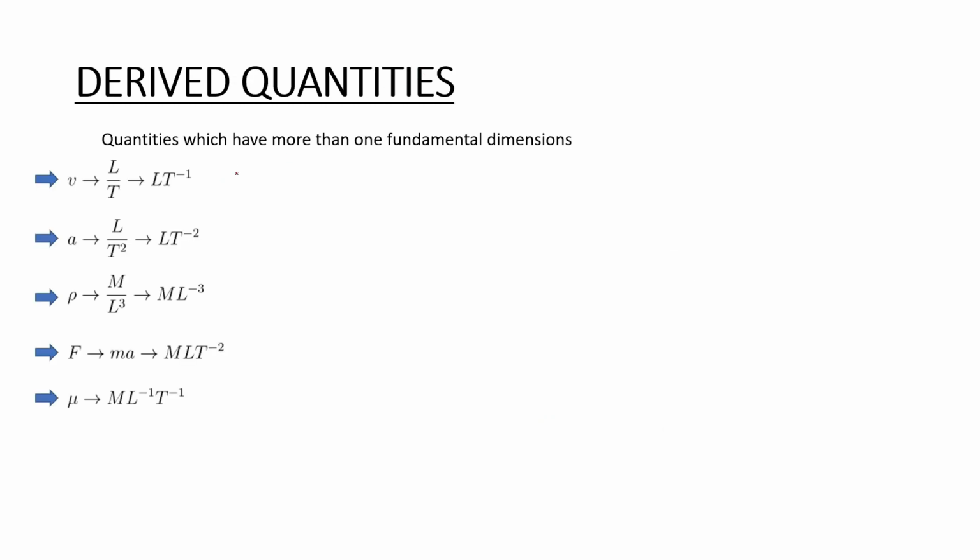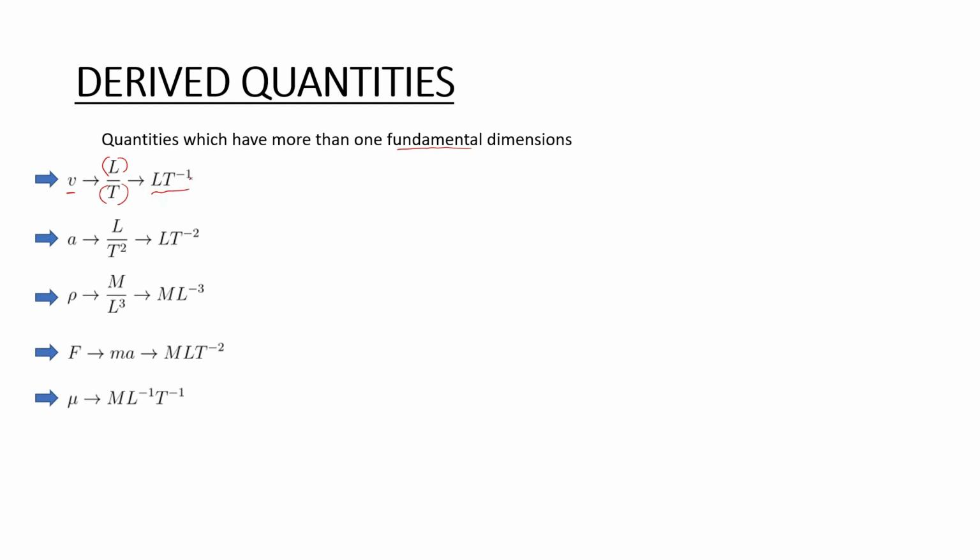And what are the derived quantities? These are the quantities which have more than one fundamental dimension. For example, let us see velocity. Velocity is defined as length by time, distance traveled by time. Distance traveled has the fundamental dimension capital L, and time has the fundamental dimension T. So it is LT minus 1.